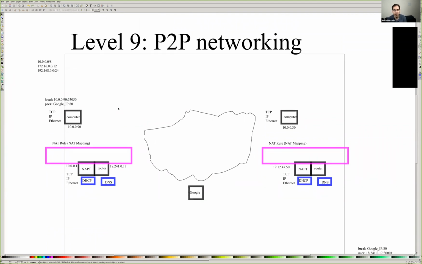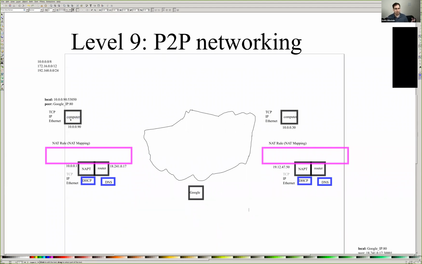Oh, someone says, can you explain why they can't share? Sure, Samak. So how would this computer make a connection to this computer? This computer's address is 10.0.0.90. This computer is 10.0.0.30. They're both private addresses. This computer has a public address of 18.241.0.17, and this network has a public address of 19.12.47.50.